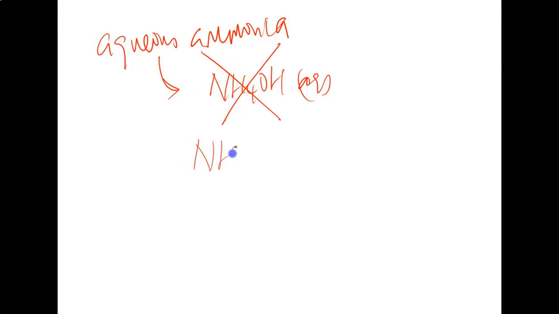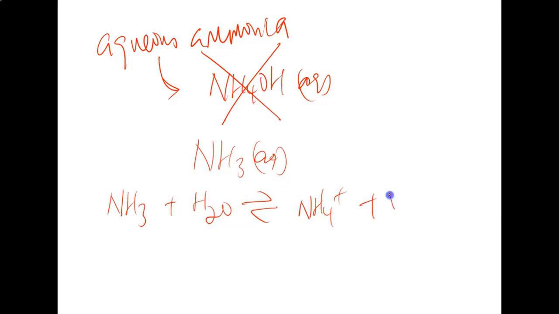It is simply NH3(aq), and NH3(aq) can react with water to give us NH4+ and OH-. So this is the OH- which gives rise to the basic properties of ammonia here.